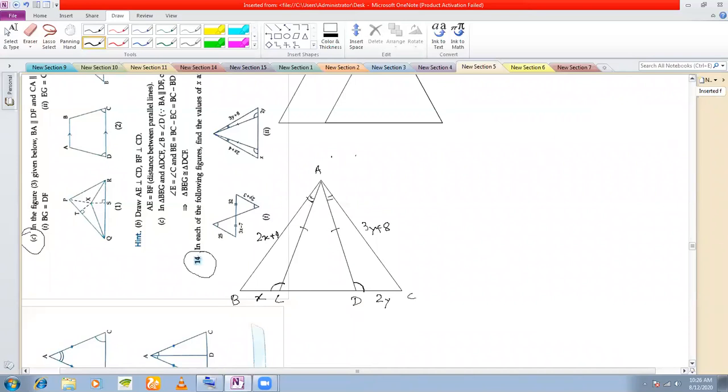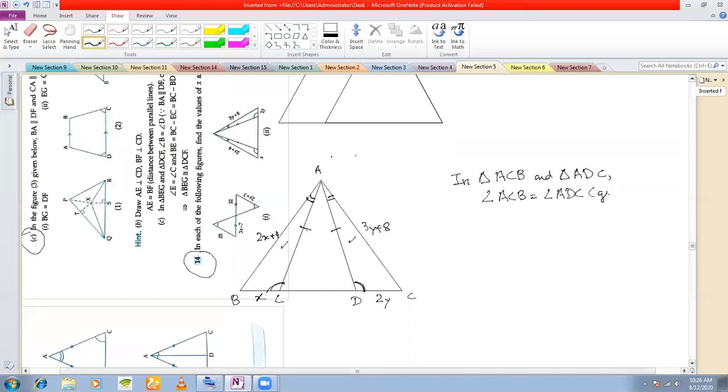Now you see that these two angles are given equal, these two sides are given equal, and these two angles are given equal. So the first thing that comes to your mind is these two triangles, this triangle and this triangle. So let us prove the congruency of these two. In triangle ACB and triangle ADC, angle ACB is equal to angle ADC.